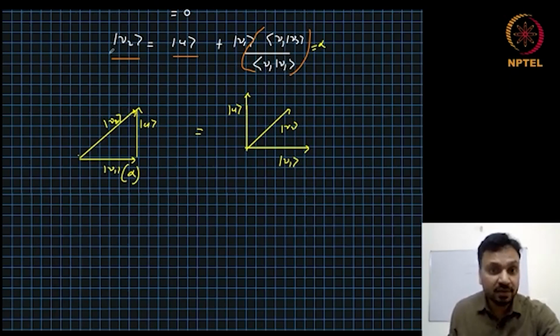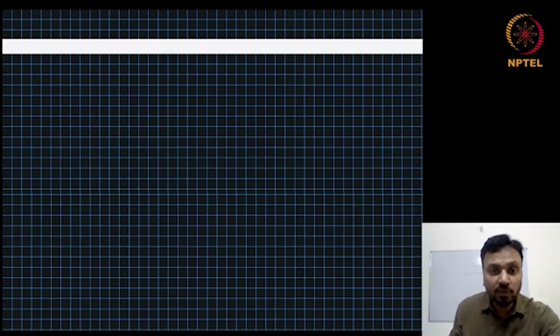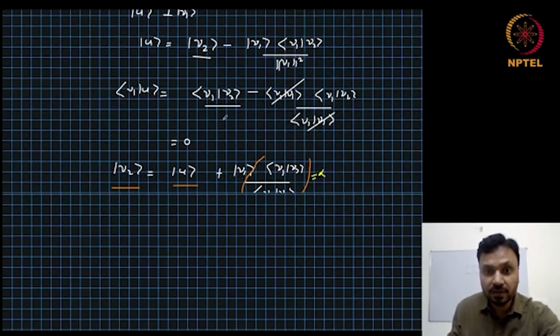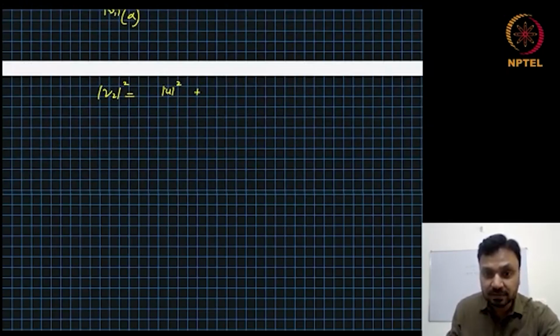So now we can use in a way the Pythagoras theorem, and we can see that the norm of v2 squared will be the norm squared of u, plus the norm squared of this vector, which is norm of v1 times |⟨v1,v2⟩|² over |v1|⁴.